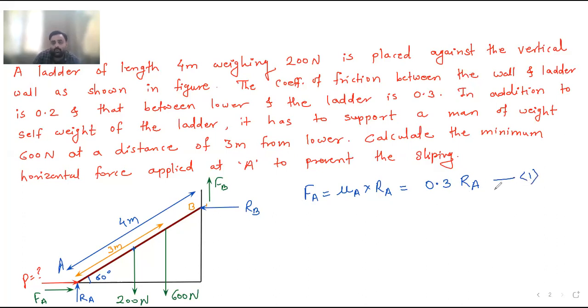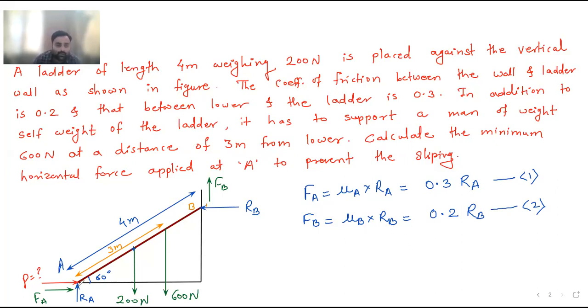FA is equal to 0.3 into RA. Similarly, FB is equal to mu B into RB. Between the wall it is 0.2, so it is 0.2 into RB. This is equation 2.